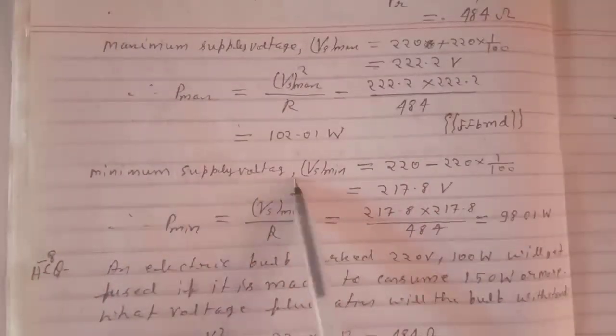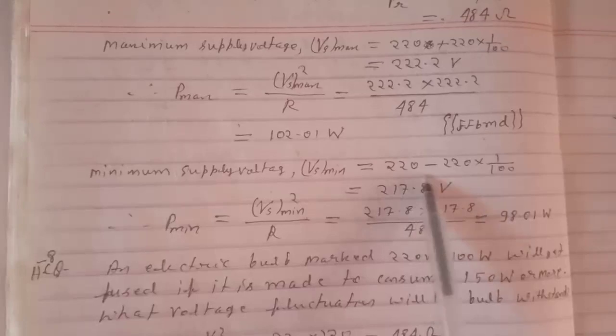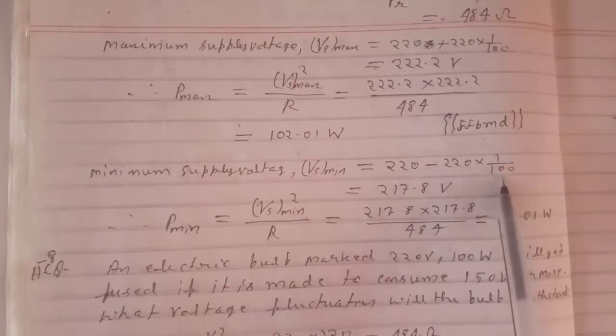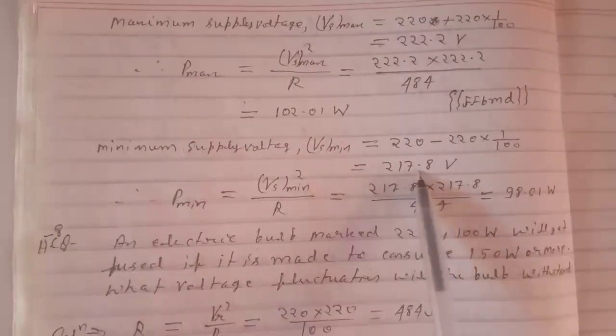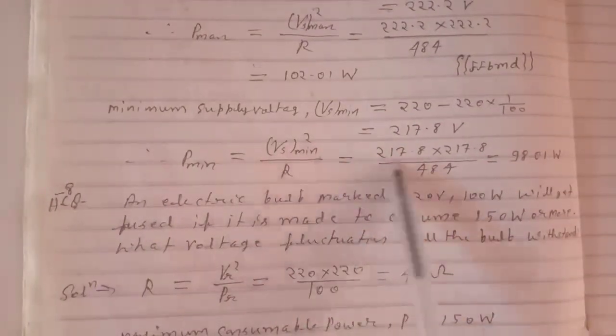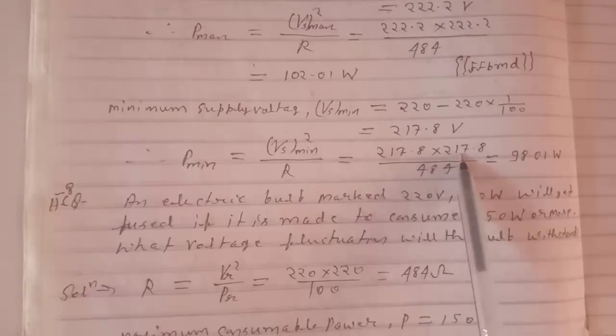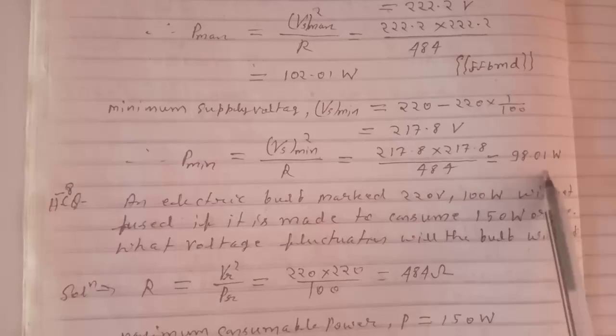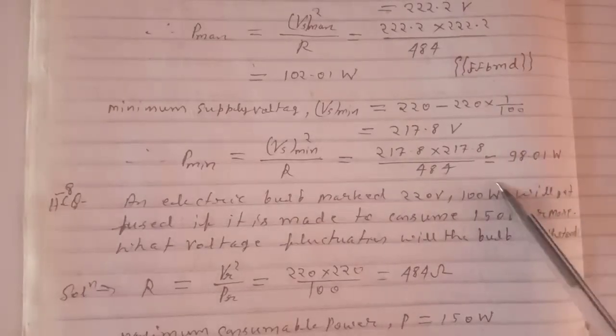And minimum supply voltage Vs min equals 220 minus 220 into 1 by 100, or 217.8 volt. Hence P minimum equals Vs min square by R, 217.8 into 217.8 by 484 equals 98.01 watt. Answer.